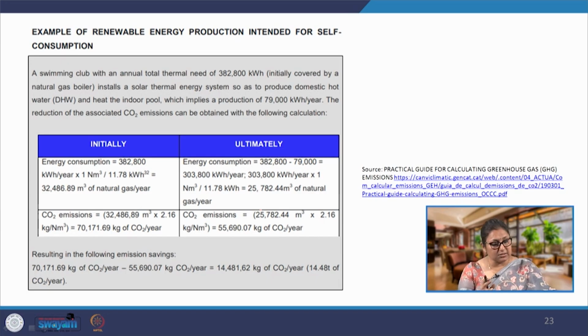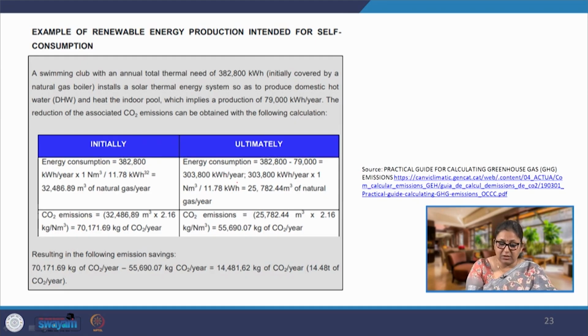Similarly, another example is a swimming club where the heating of water was happening earlier through a natural gas boiler, and now they have installed a solar domestic hot water system, which supplies some percentage of the total energy that is required.